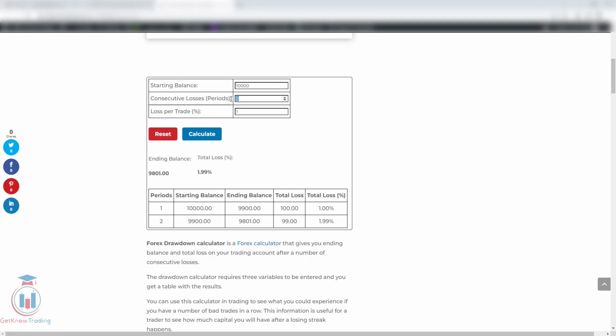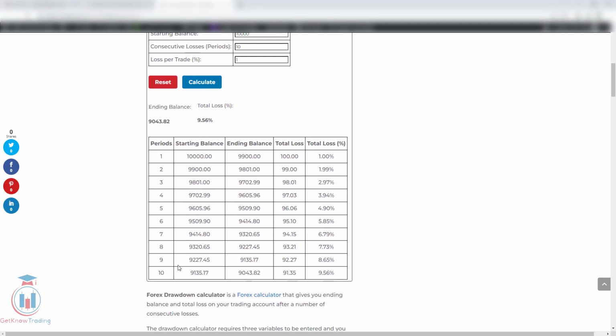If, for example, I put here number 10 and leave the loss per trade, I will get the table with 10 rows, which gives me a starting balance of $10,000 and an ending balance of $9,043.82, which is a loss of 9.56%.